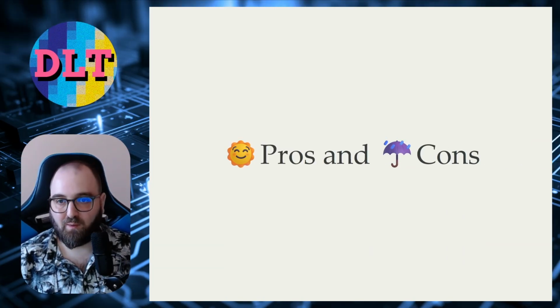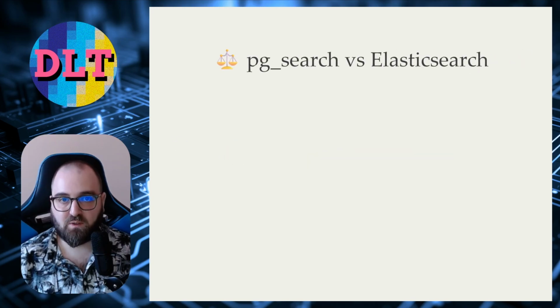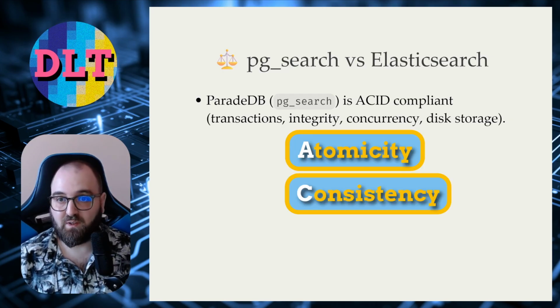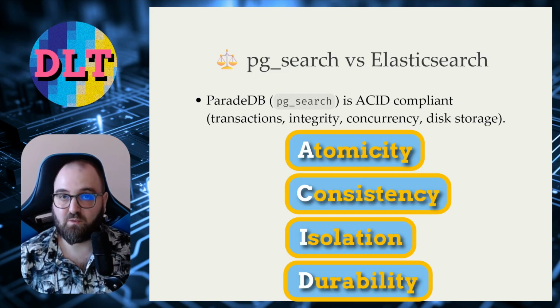Finally, let's go into some pros and cons, just a generic comment on our options. So comparing PG search, ParadeDB with Elasticsearch. ParadeDB is ACID compliant, so you've got transactions, integrity, concurrency, and disk storage.